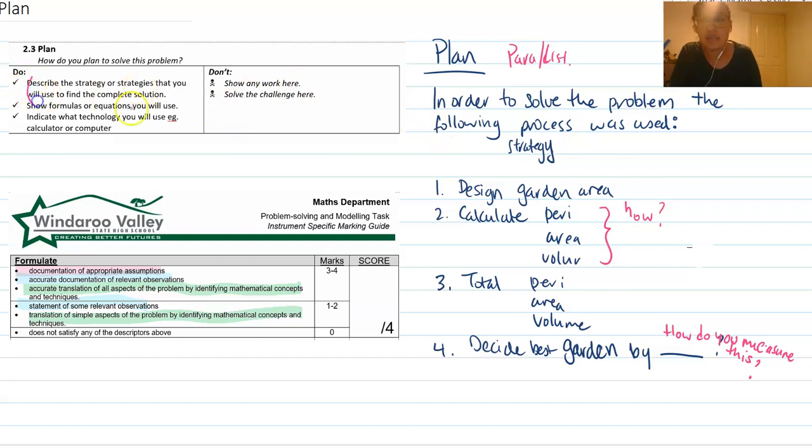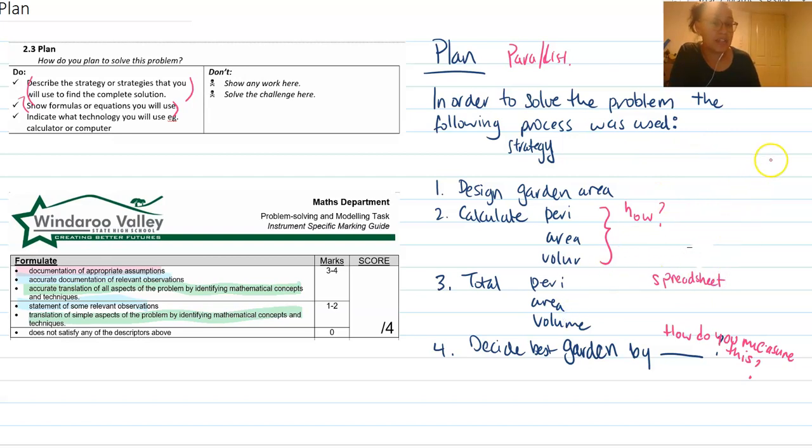That might be done with your calculator. You might even organize a spreadsheet, with all of your lengths and widths, and then do an automatic calculation for an equation to find the area of all the rectangles in your space. And then you're going to decide on some sort of metric.